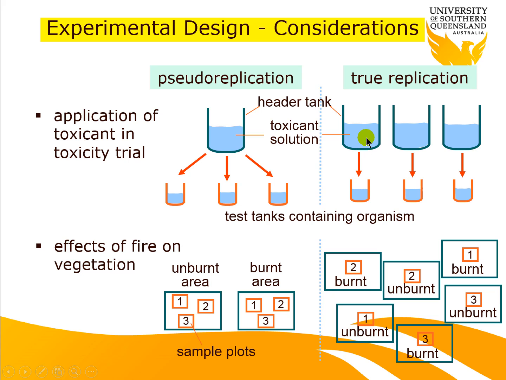What we should be doing is taking a sample from each header tank, or what would be even better, and is often done in chemistry, is to take 3 samples from each one and then take the average of those 3 for this one as a measure. That's a typical thing done in chemistry because you get slight variations due to equipment or lab procedures. So you take 3 and you take the average.